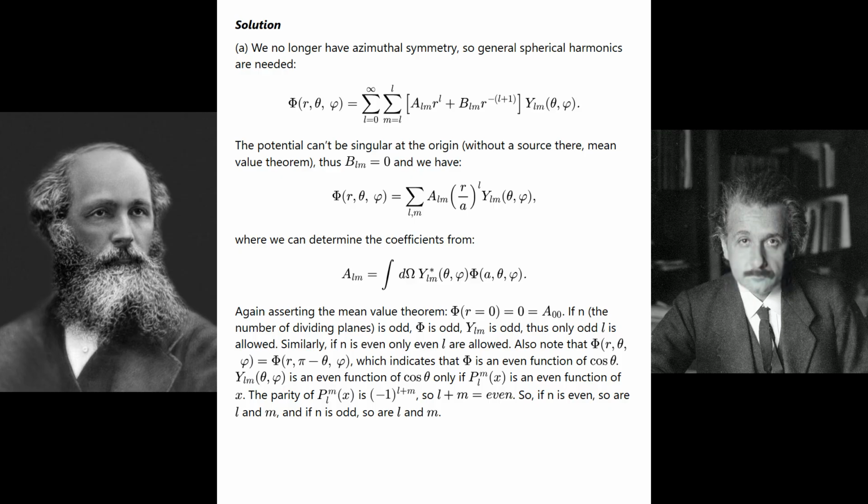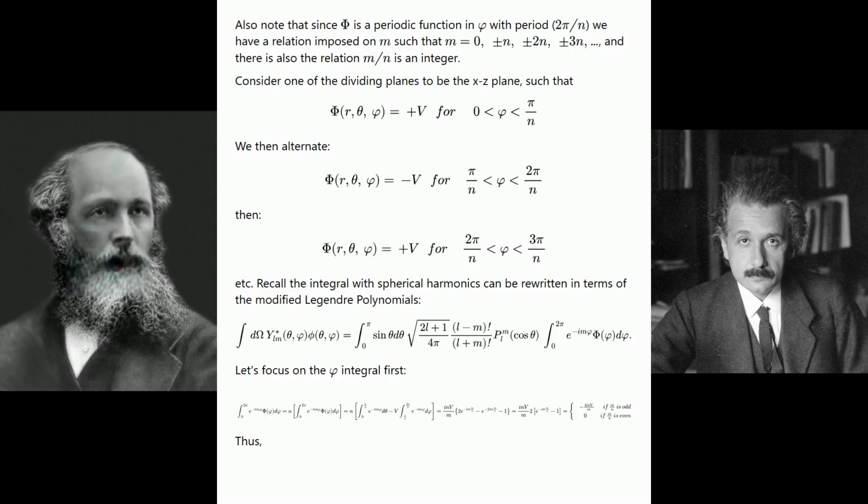So if n is even, so are L and m, and if n is odd, so are L and m. Also note that since phi is a periodic function in phi with period 2 pi divided by n, we have a relation imposed on m such that m equals 0, plus or minus n, plus or minus 2n, plus or minus 3n, and so on, and there is also the relation that m divided by n is an integer.